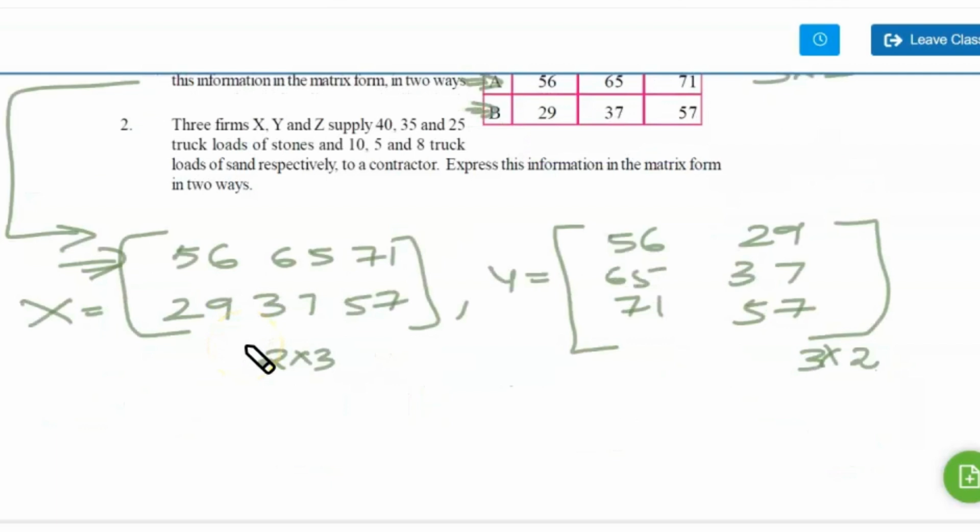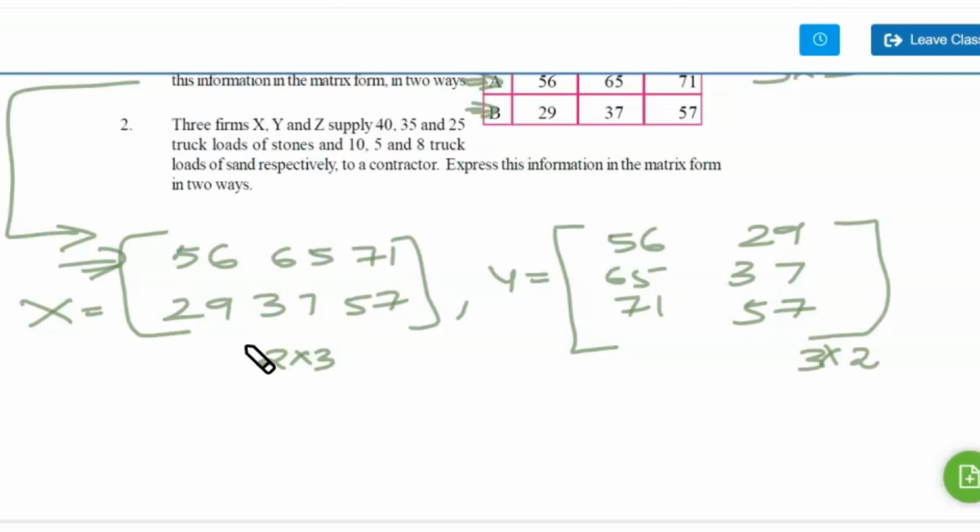Second question. It has similarity to the first one. Let's read. 3 firms X, Y and Z supply 40, 35, 25 loads of stone and 10, 5, 8 truckloads of sand respectively. So this is the first row and this is the second row. In that case, it can be represented in two ways.